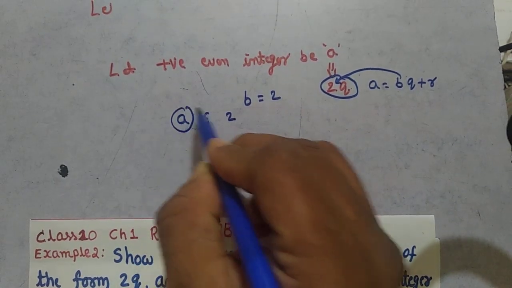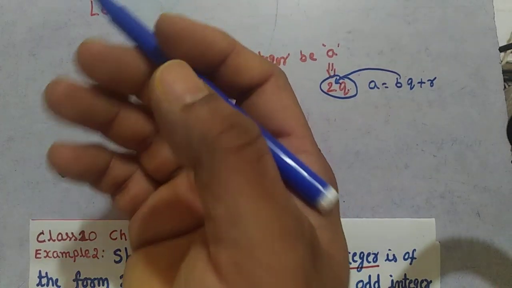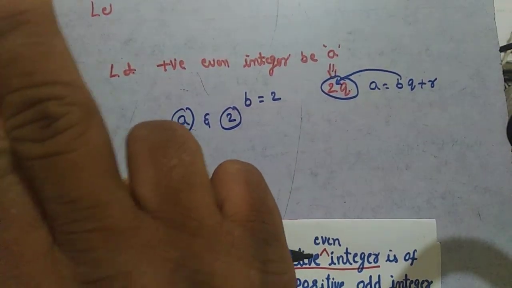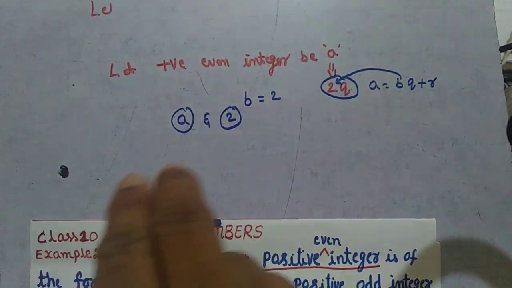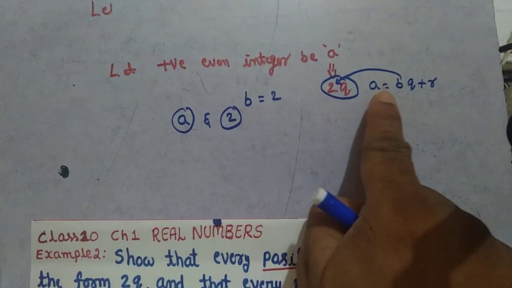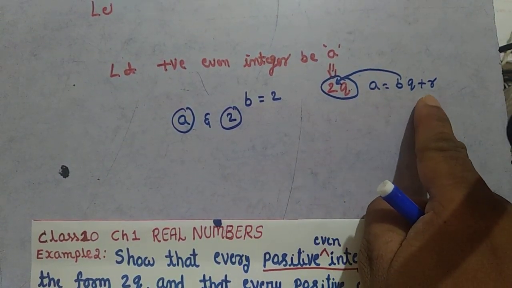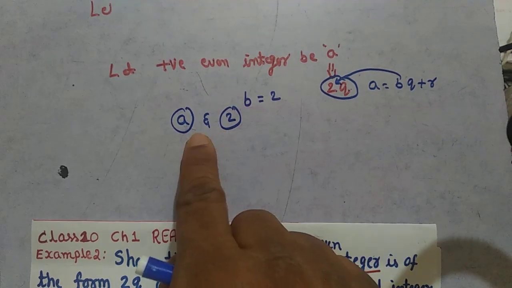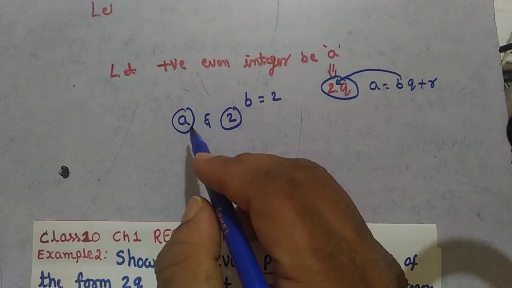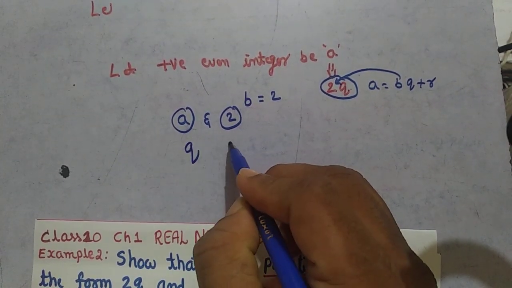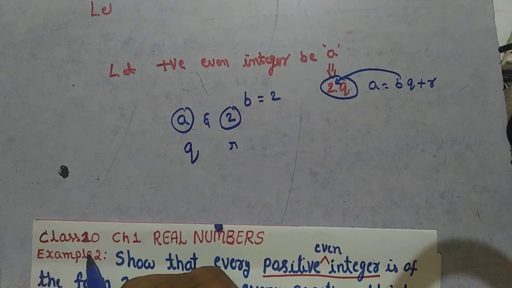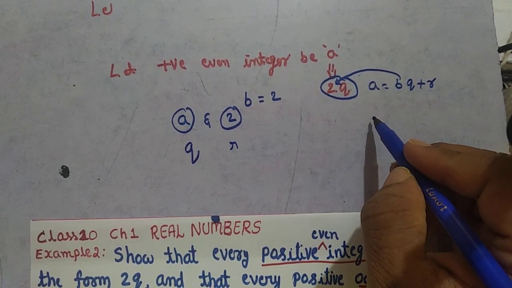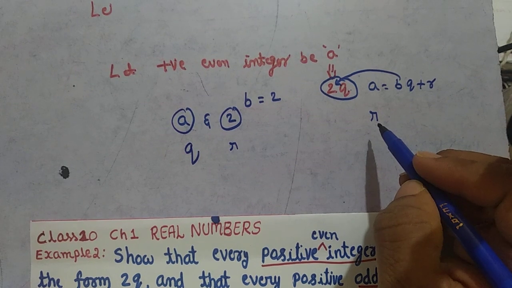These two things have two more things. Two friends having two more friends. Then the four friends' relationship is like this: a equals bq plus r. So what are those? q and r. But what is the relationship between r and b?